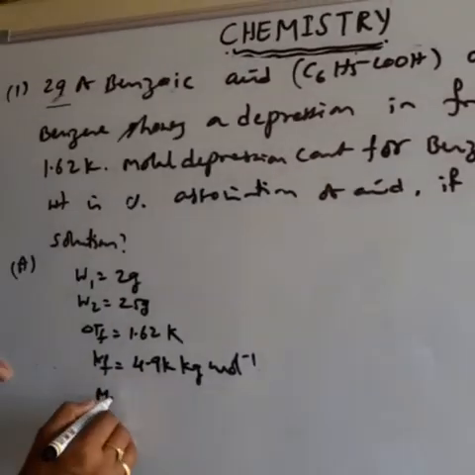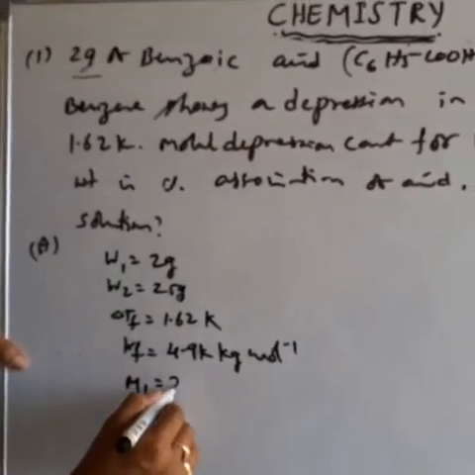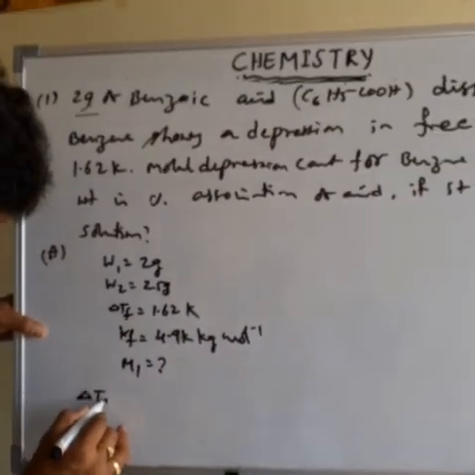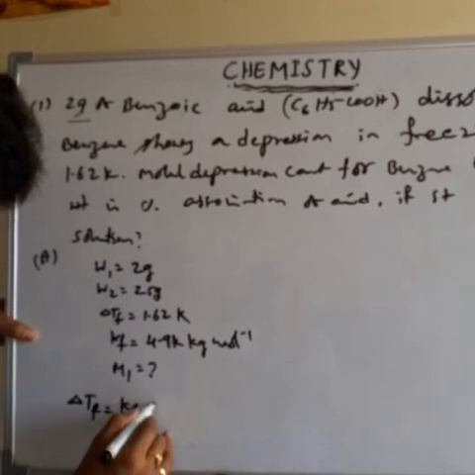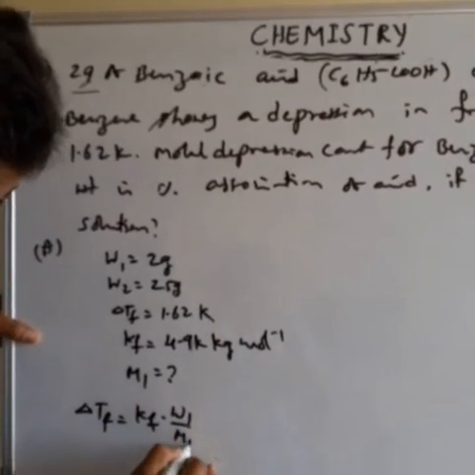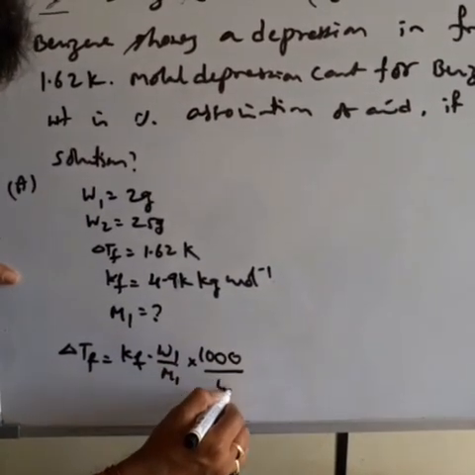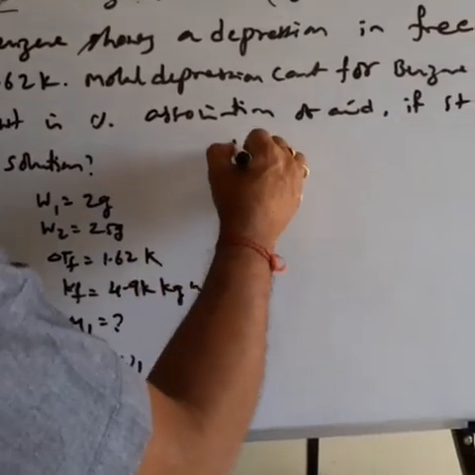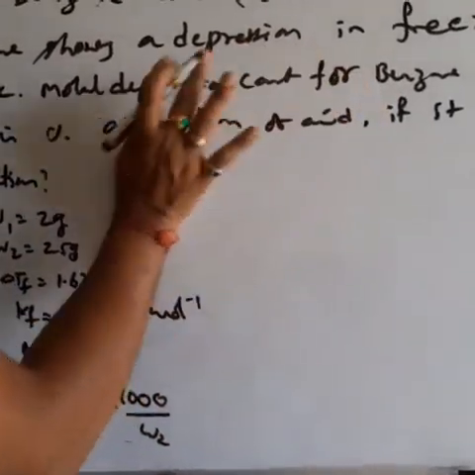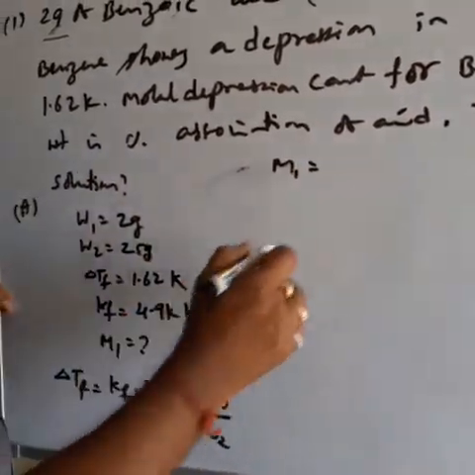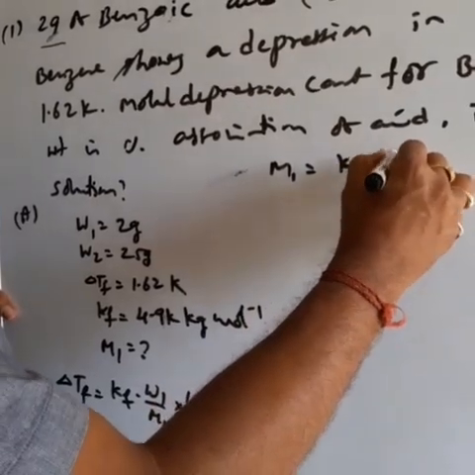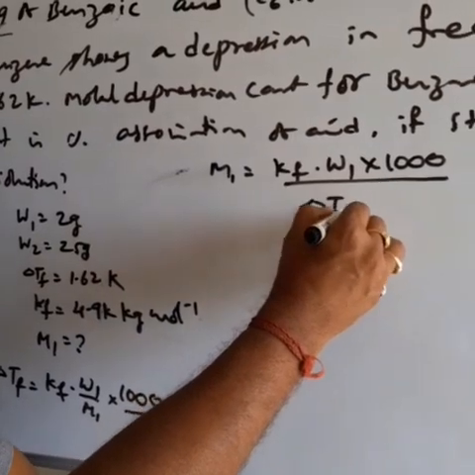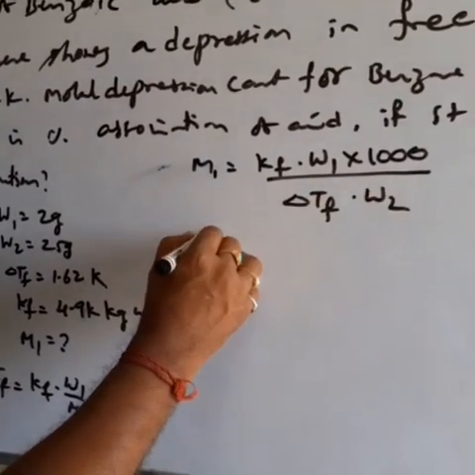But first we have to find the M1 value, the molecular mass of solute. Here delta Tf is equal to Kf into molality. Molality, as I told you, is W1 by M1 into 1000 by W2. From this, M1 you have to take separately. So M1 is equal to Kf into W1 into 1000 divided by delta Tf into W2.